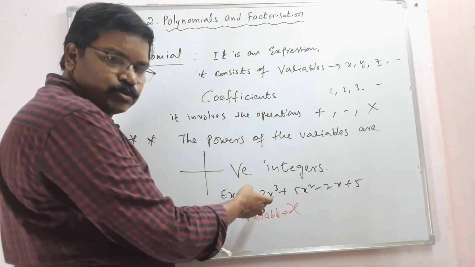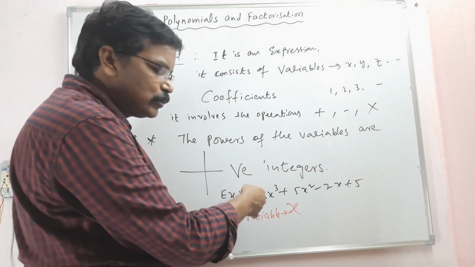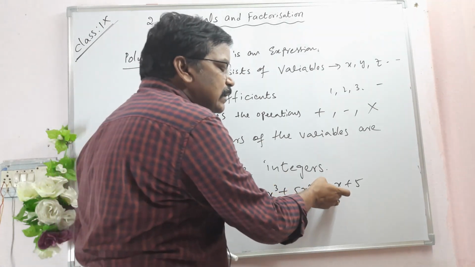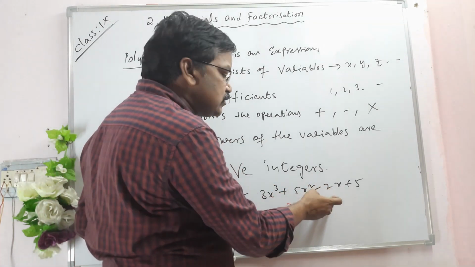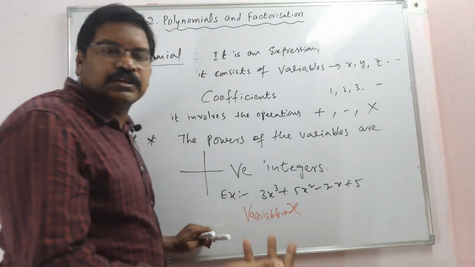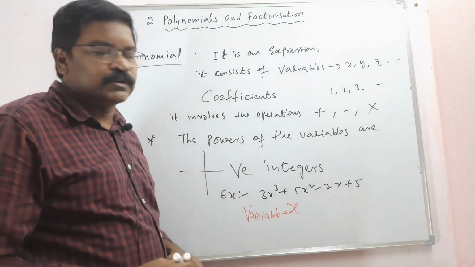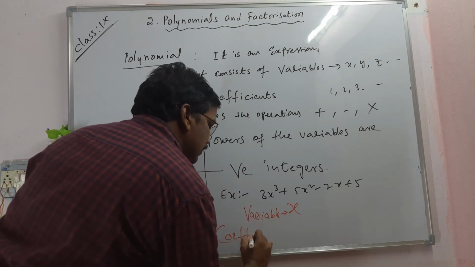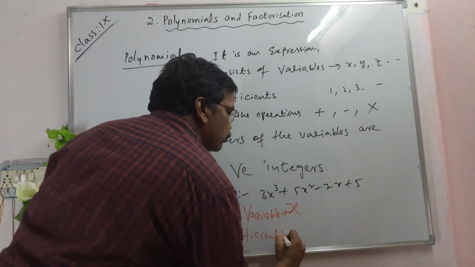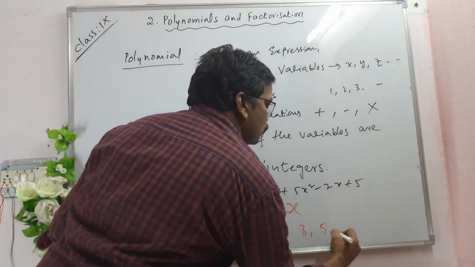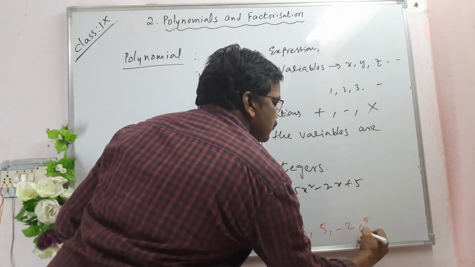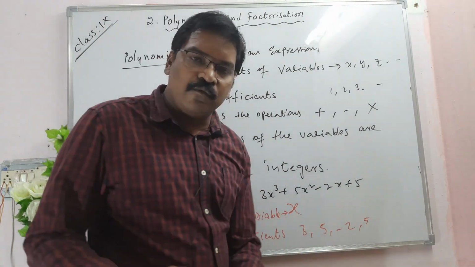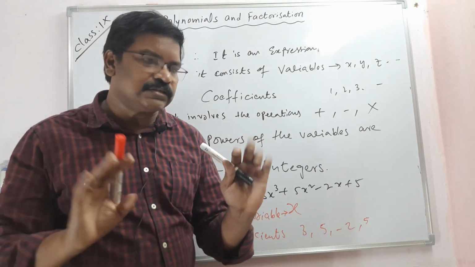And the constant is plus 5. So these are the coefficients: 3, 5, minus 2, and this 5 is also, we can say, the coefficient of x to the power of 0. Understand, students?